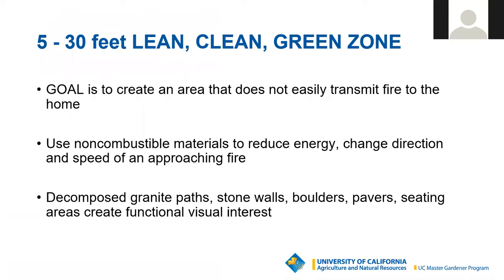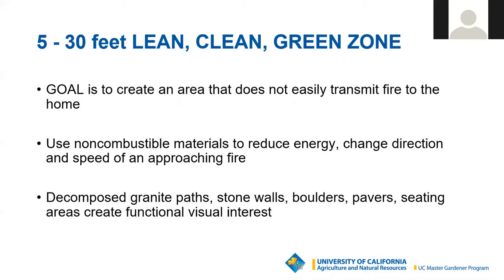In the 5 to 30 foot clean, lean, green zone, the goal is to create an area that does not necessarily transmit fire to the home. Here you want to use non-combustible materials to reduce the energy and change the direction and speed of approaching fires.